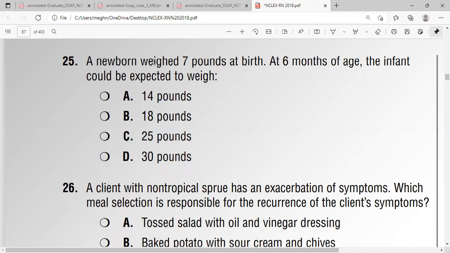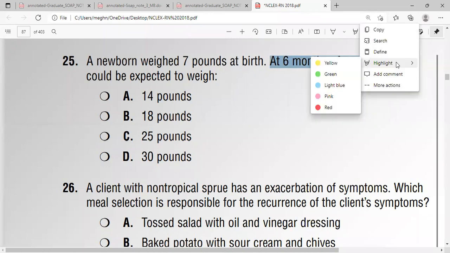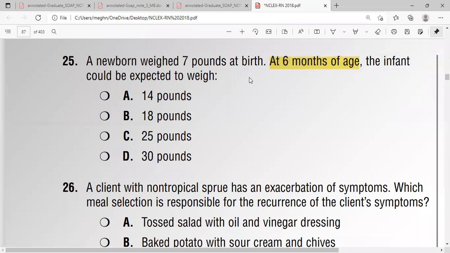So my newborn is 7 pounds at birth, at the 6th month it should be double, right? So the correct answer is number A, 14 pounds.